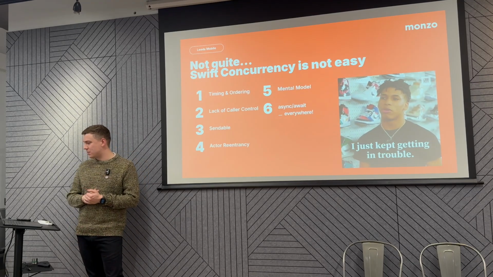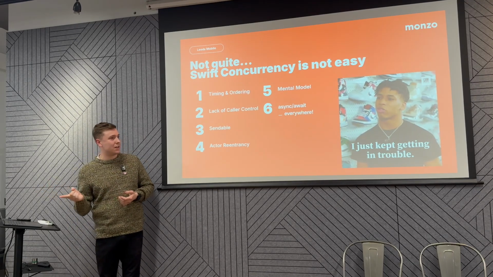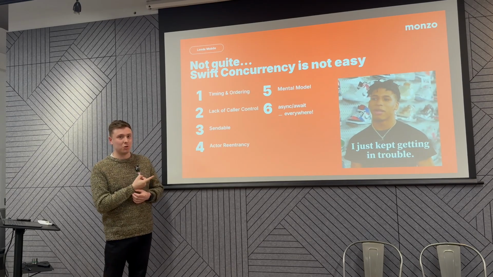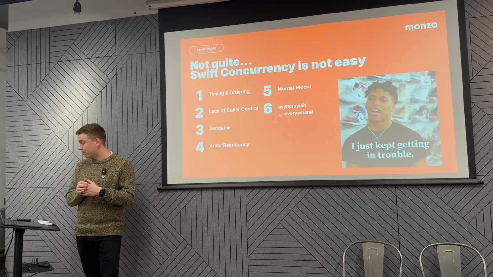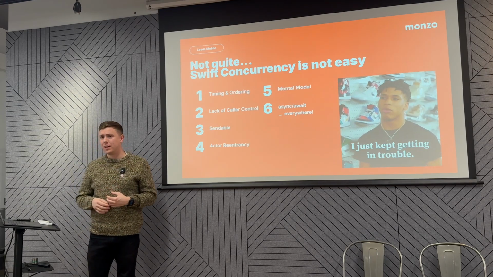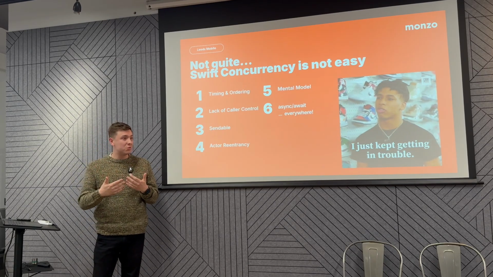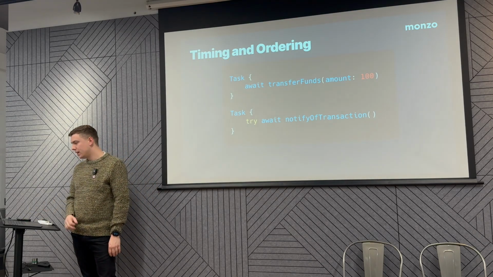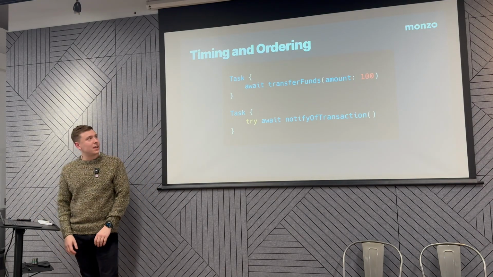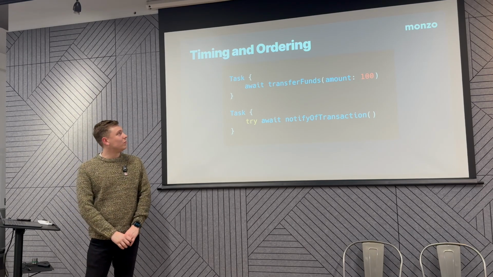So I'm going to take a few minutes to go through a few of these problems and show some code, because what's a talk without a piece of code? And then explain some of these common pitfalls, and then go through some little tools and utilities that we wrote to mitigate them. So this is a seemingly innocent piece of code.